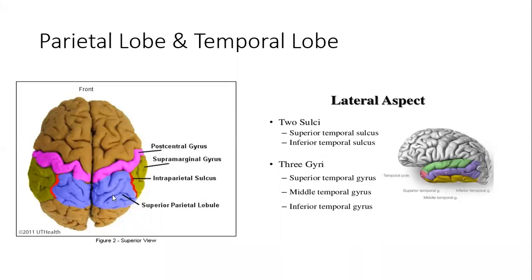So the part of the parietal lobe lying above or superior, or medial, to the intraparietal sulcus is labeled as superior parietal lobule. And the one that lies inferior or below the intraparietal sulcus, laterally, is labeled as the inferior parietal lobule.